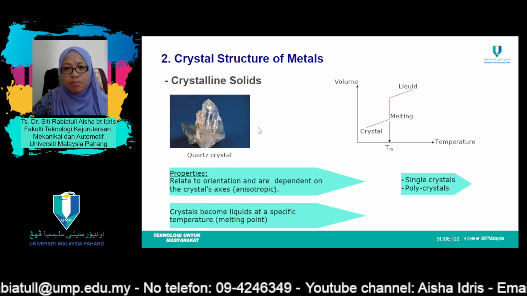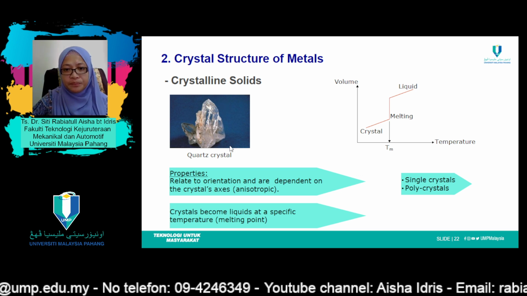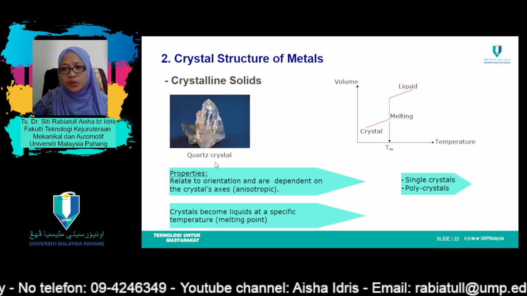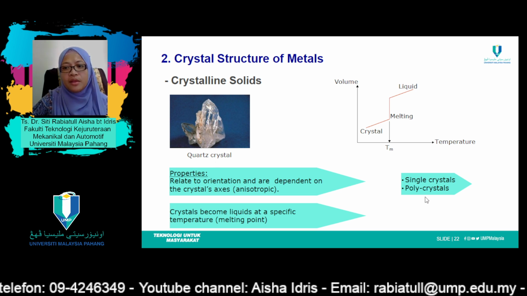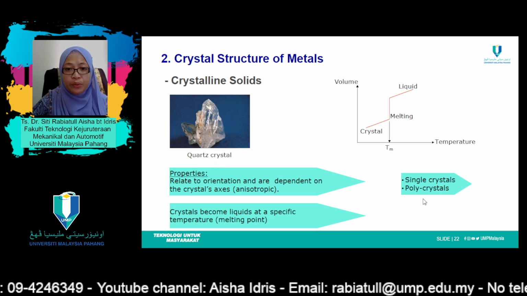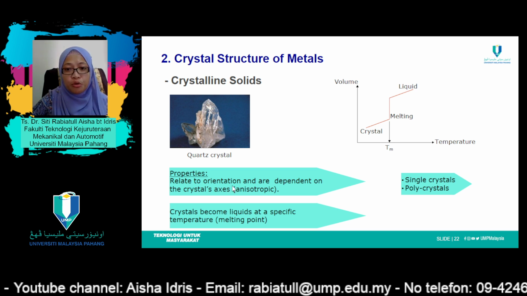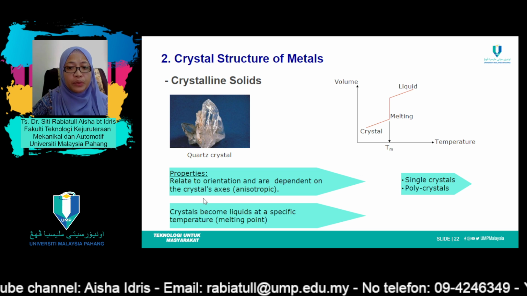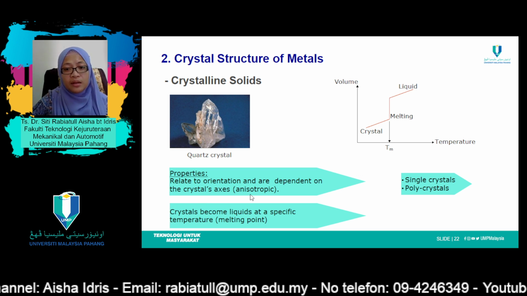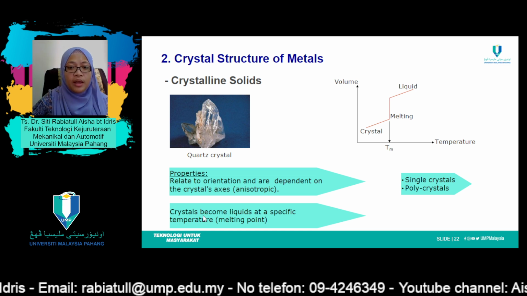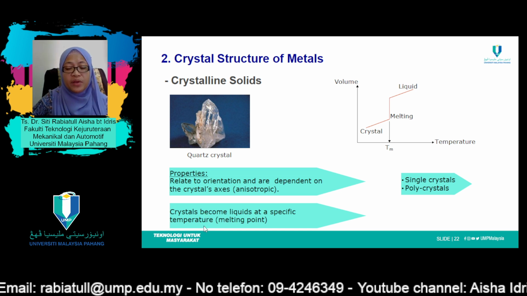Let's take an example for crystalline solids, which is quartz crystal. This one can be either single crystal or polycrystal. Its properties are related to orientation and depend on the crystal axis. It's either anisotropic or isotropic, and crystals become liquids at a specific temperature.